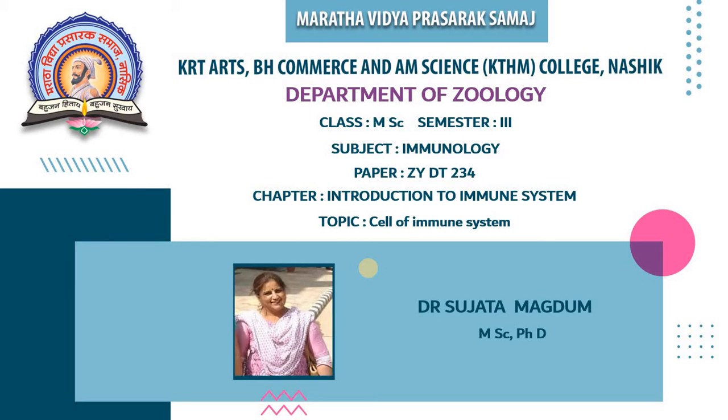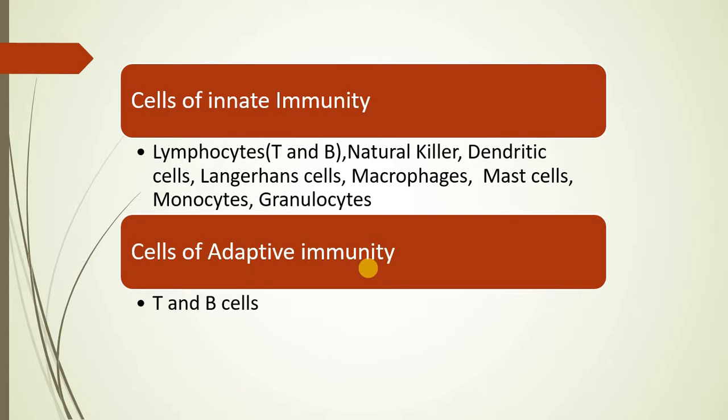Now, these primary and secondary lymphoid organs are concerned with the development and activation of immunocompetent cells. Once the immunocompetent cells are developed and activated, they are ready to impart immunity. When we are talking about immunity, we need to know the type of immunity they are involved in.